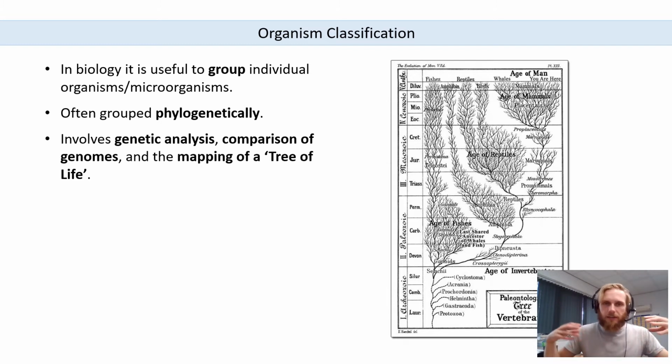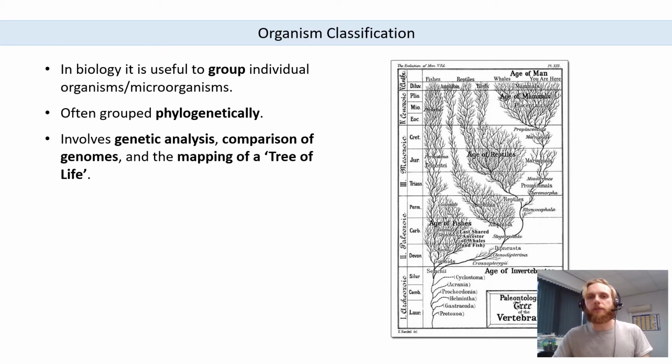This classification that we use to come up with these groups is called phylogenetic classification. So the intuitive groupings that I just talked about are actually based upon phylogenetics. Phylogenetic classification is essentially classification based upon genetic similarity.